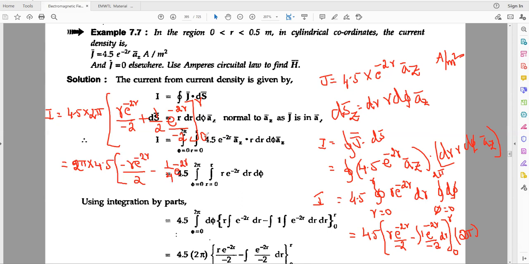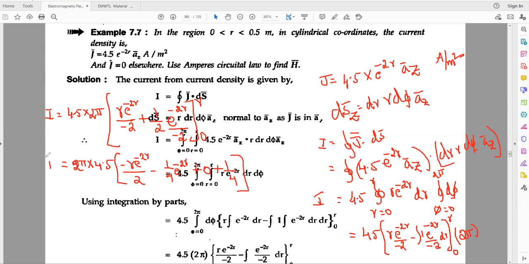Substitute r is equal to 0 here. The second term, the minus becomes a plus for the lower limit 0, and also here the minus becomes a plus 1 by 4 into e power 0, which is 1.